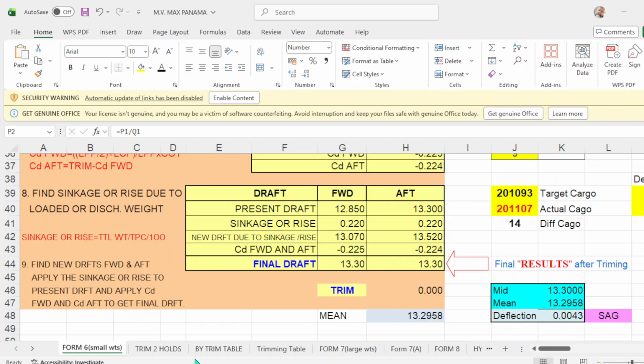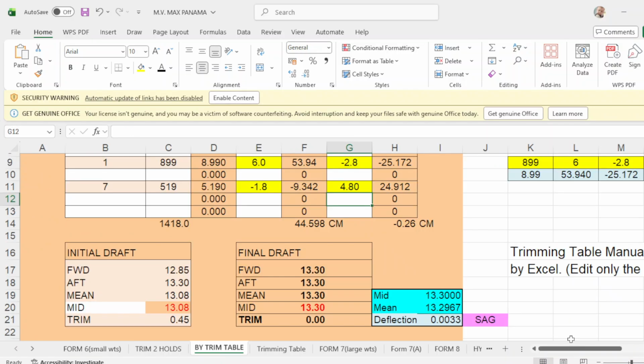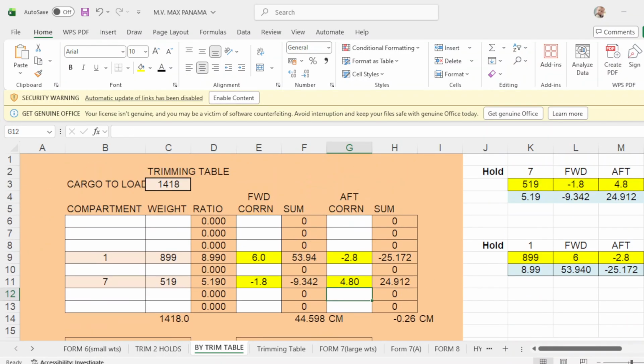Then we go now to the trim table. This is your trim table. Take note also that your remaining cargo to load is already applied here. So with your hold number 1 and number 7, and the amount to be loaded in number 1 of 899 and 7 of 519, all you have to do is get the forward and aft correction of hold number 1 and forward and aft correction of hold number 7.